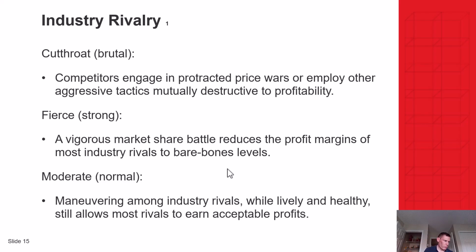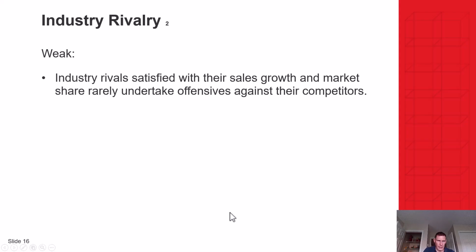And then moderate or normal: maneuvering amongst industry rivals, while lively and healthy, still allows most rivals to earn acceptable profits. So obviously most firms are going to want to fall closer to that moderate or normal level. And then also weak: industry rivals satisfied with their sales growth and market share rarely undertake offenses against their competitors.